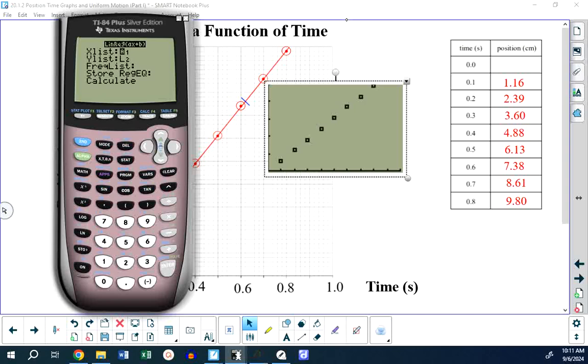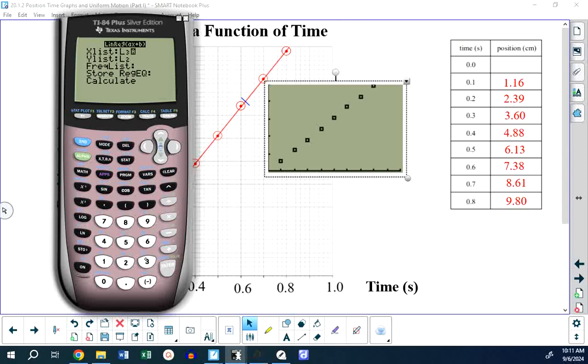So this, you have to bump through all of these to confirm all of your choices before you commit. So is the X list L1? Yes. If it's not, we could change it. Maybe you put X under L3, and there's an L3 down here, the second function of the number 3.